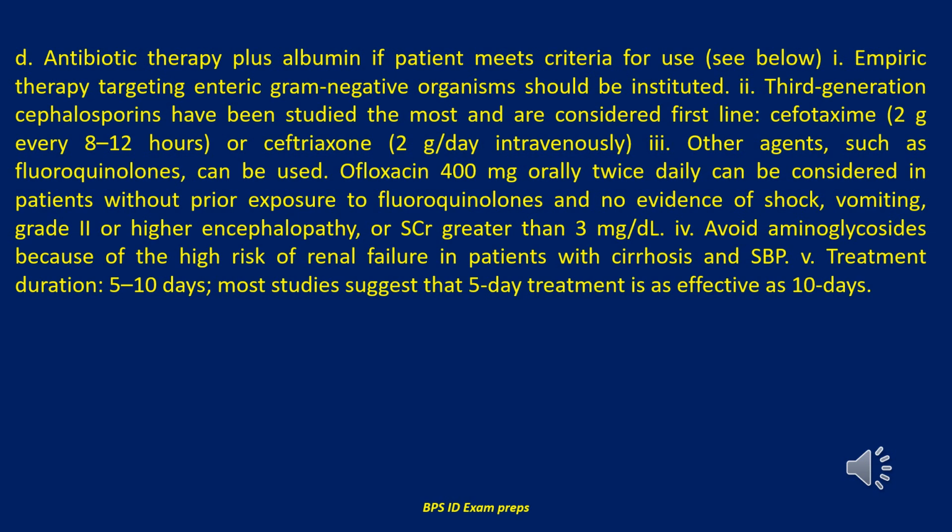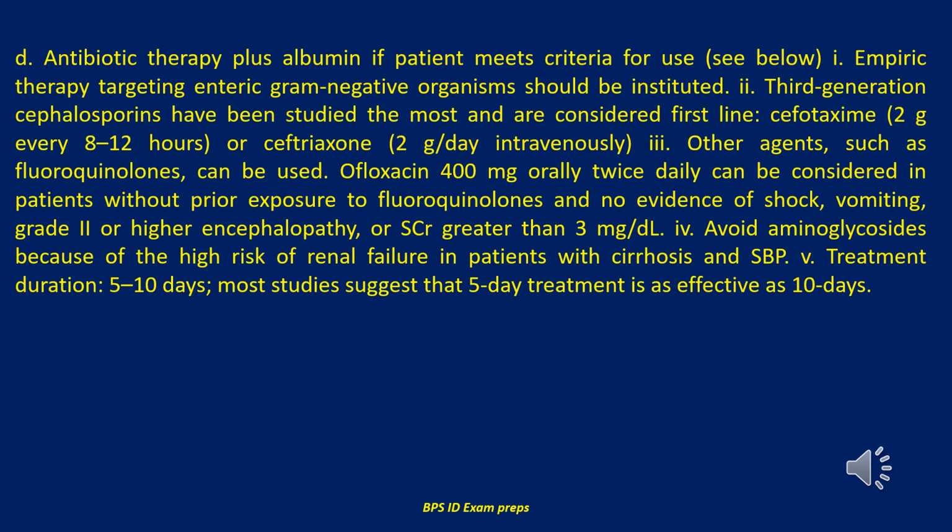Other agents, such as fluoroquinolones, can be used. Ofloxacin 400 mg orally twice daily can be considered in patients without prior exposure to fluoroquinolones and no evidence of shock, vomiting, grade 2 or higher encephalopathy, or serum creatinine greater than 3 mg per deciliter.